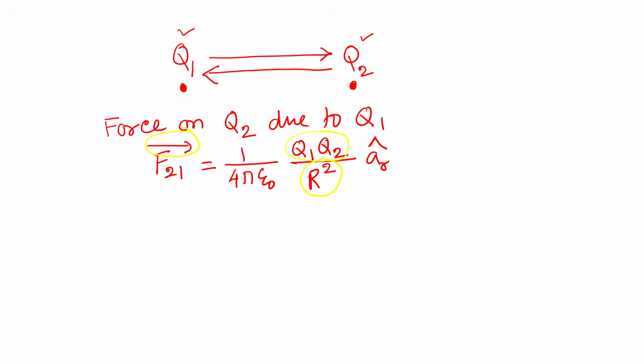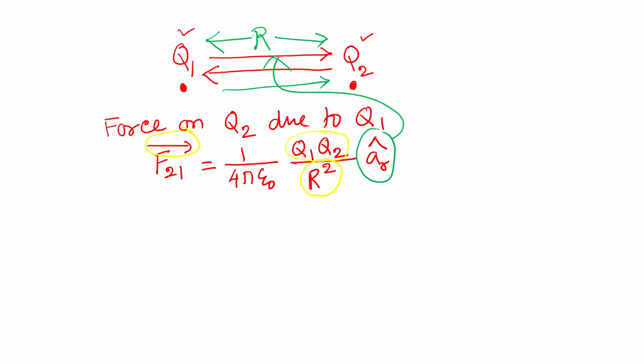R is the distance between the charges Q1 and Q2. And AR cap is the unit vector in the direction from Q1 to Q2.